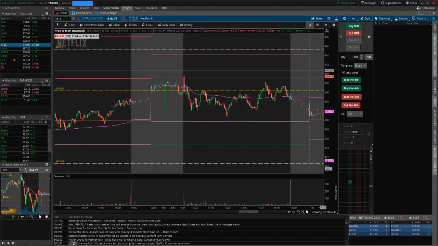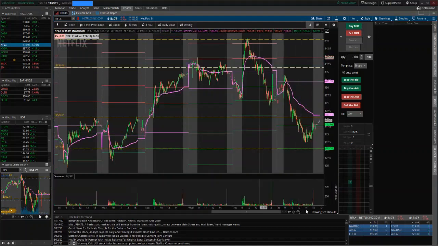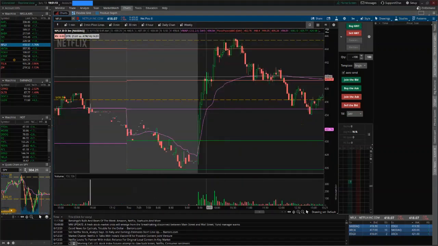So as you can see, we have a line up here at 445. And it does look like it's quite a ways away, but what I like to see is I want to see a panic either to the upside or to the downside, down to one of my lines. So in this case, I'm sure some of you guys remember Thursday morning with Netflix.